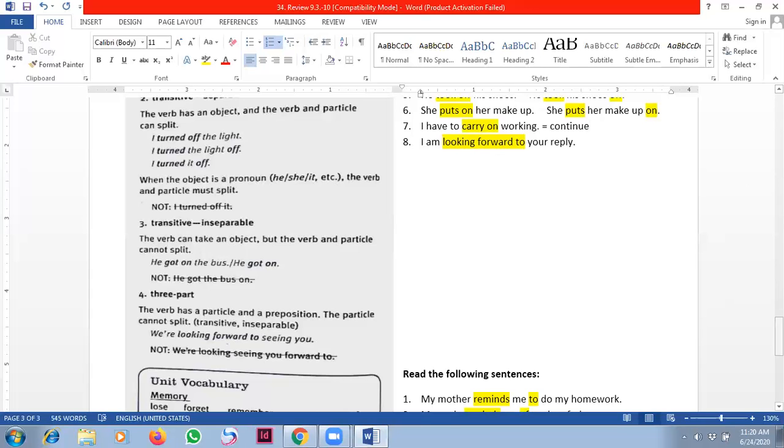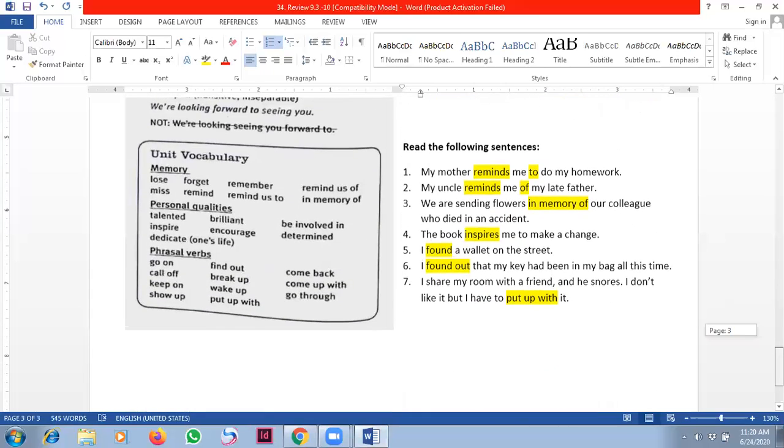All right, so the next, last bit, wow, almost finished. Here is the unit vocabulary: memory, lose, one O, not two O's, one O, lose. Miss, forget, remind, remember, remind us to, remind us of, in memory of. Talented is to have talent.